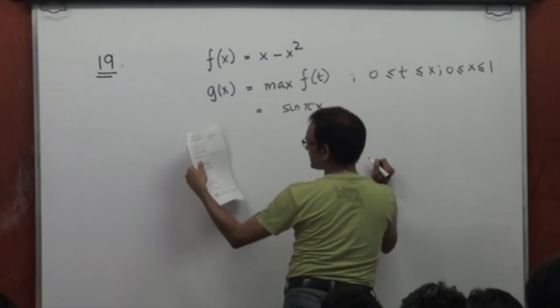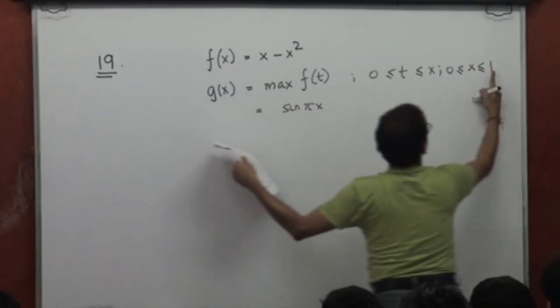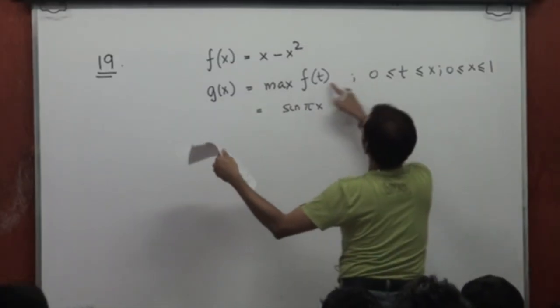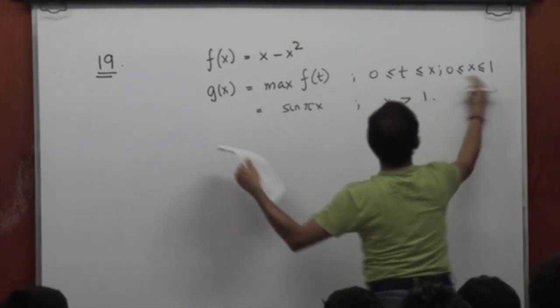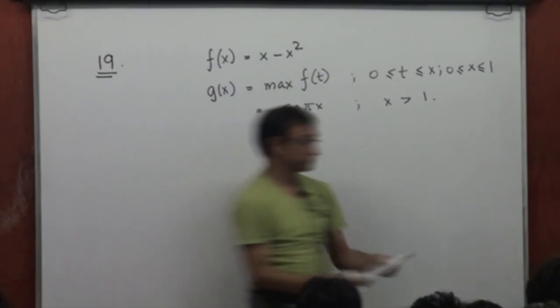It must be x greater than 1, because x from 0 to 1 is this. So this must be for x greater than 1. There must be a typo here.